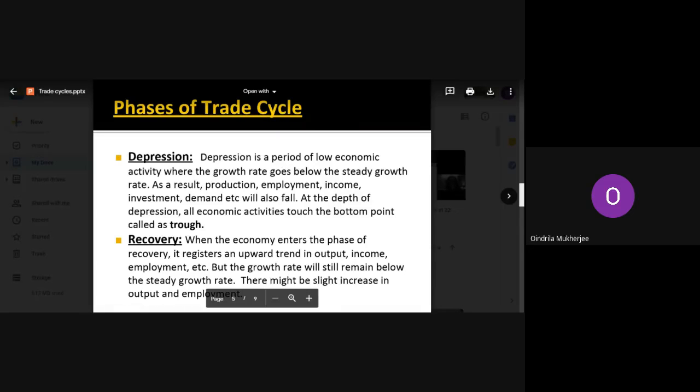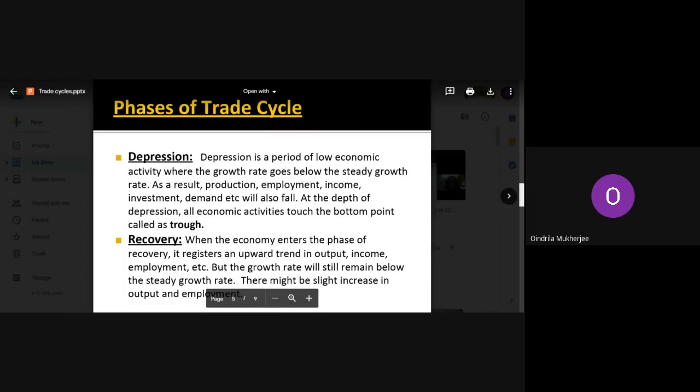So what will happen to the consumption? When our income reduces, our consumption also reduces, and our savings and investment also reduce. So when income reduces, automatically what will happen? These things will come down. Consumption will fall, investment will fall, savings will fall, right?